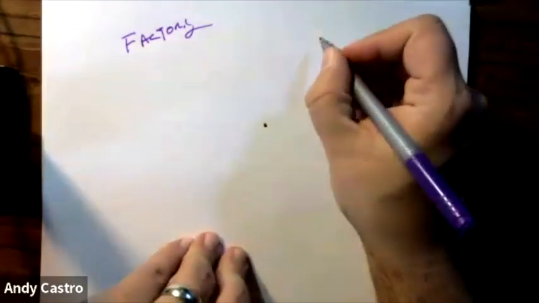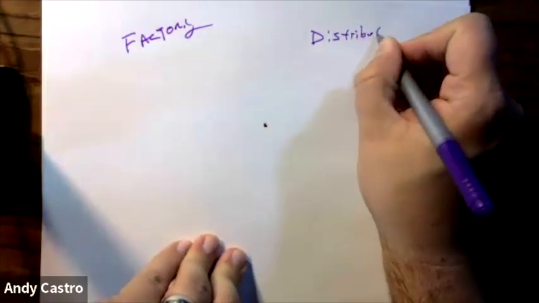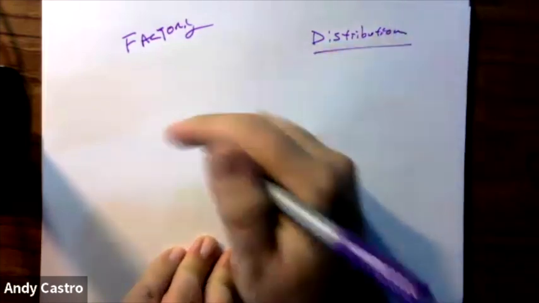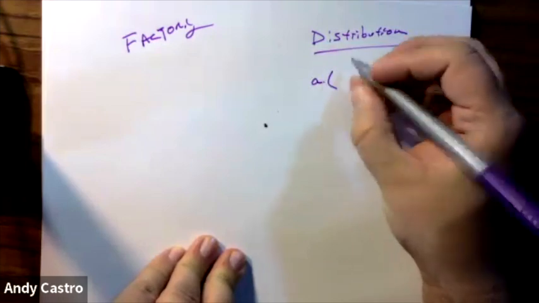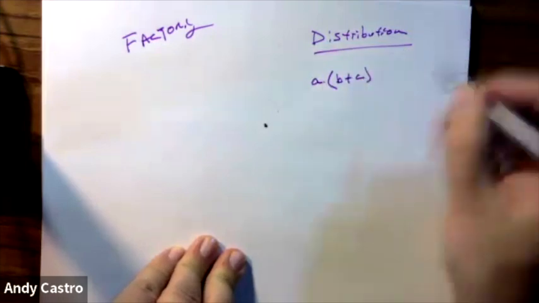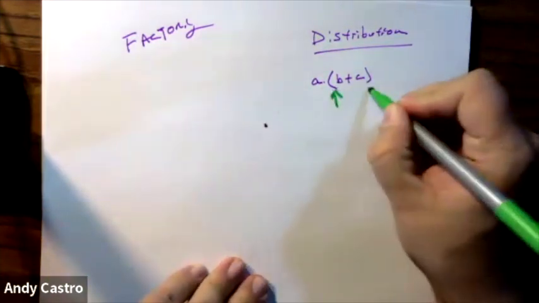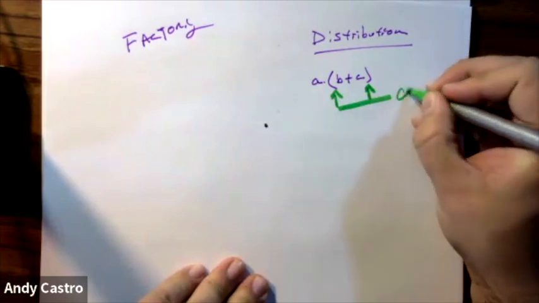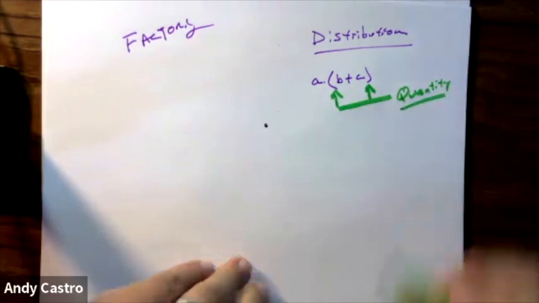All right. So let's talk a little bit about distribution. If I have a number times another number, let's say the other number is the quantity B plus C. And remember, when we have parentheses, we say quantity, right?